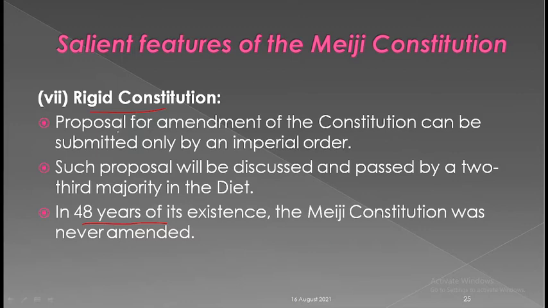For example, a proposal for amendment of the Constitution can be submitted only by an imperial order. The Diet, the House of Peers, and the House of Representatives cannot simply introduce an amendment bill. It should come from the emperor. And such a proposal coming from the emperor will be discussed and passed by a 2/3 majority in the Diet. Only then can a constitution be amended.